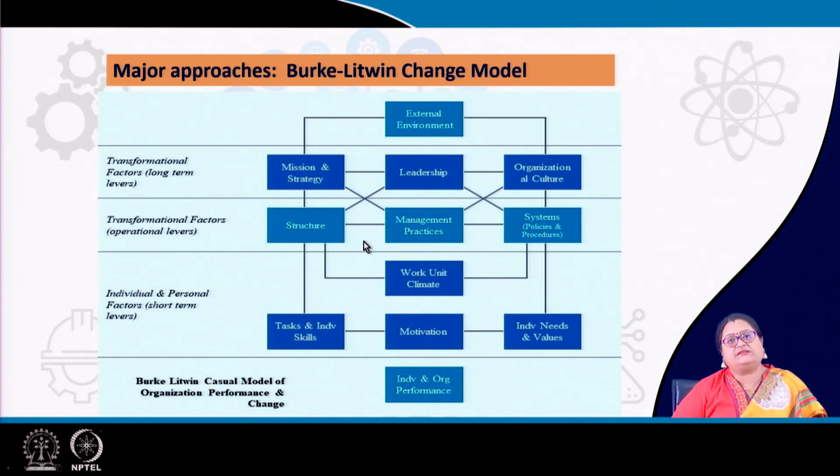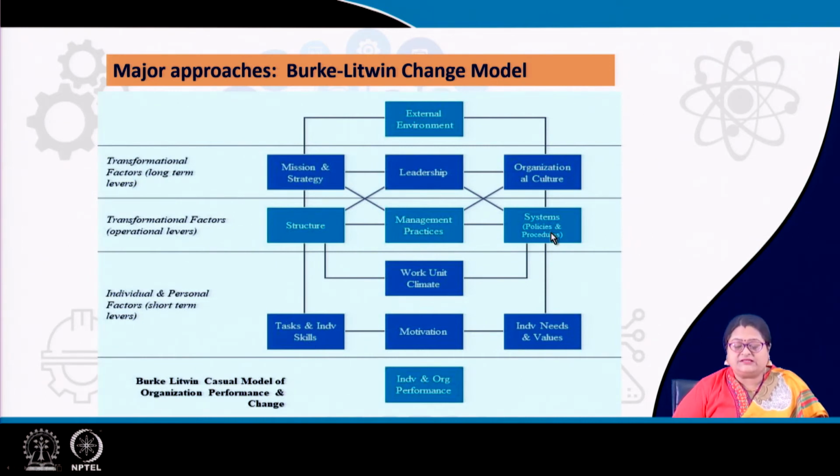So, the practices, structures, and systems are going to affect your work unit climate. Then the structure, systems, and management practices will also influence the individual and personal factors, like the tasks expected of the individual, role expectations, whether the individual has the fitting skills for it, and how it leads to motivation.